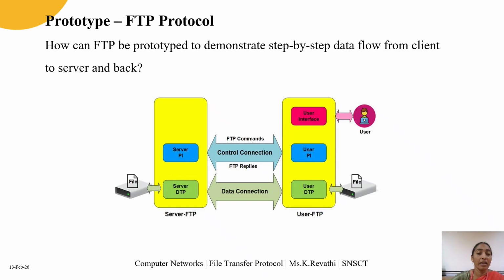Then the data connection opens. After that, the file is transferred. After receiving all the files from the client, the server will ask for the connection to be closed. The connection is closed now. So FTP clearly separates communication and data movement.